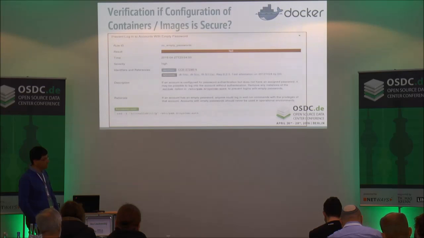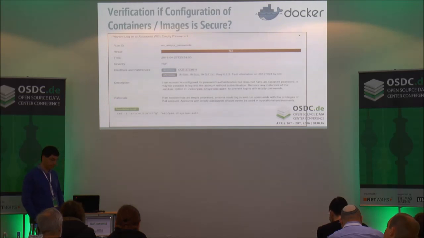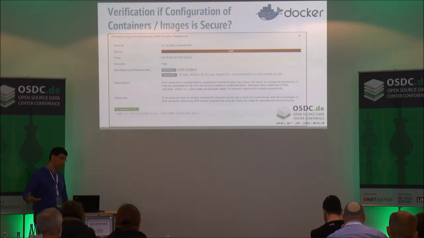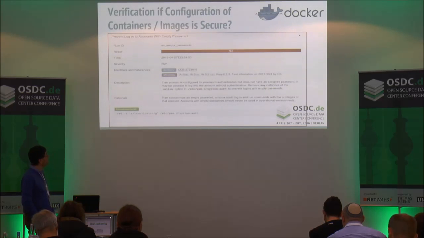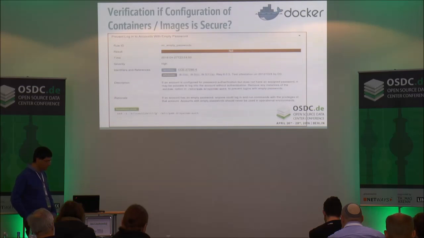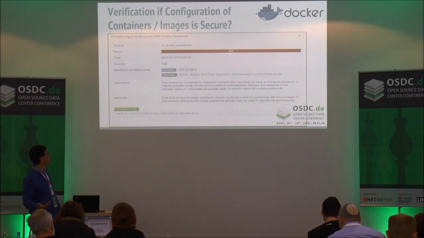You would get notified of the specific rule, how urgent or important it is from the point of view of the security of the system, what it means when we scan the container against this rule, what we are actually checking, and the rationale, the motivation behind trying to check this configuration, why it's important to perform that check.